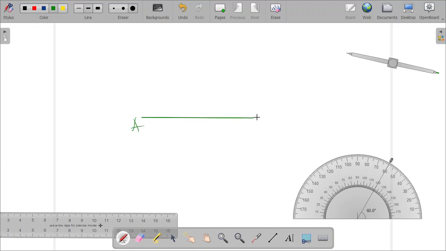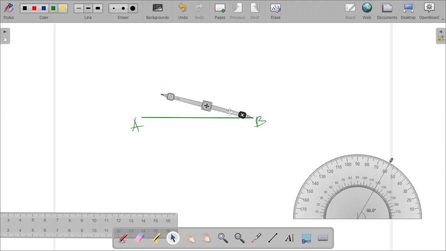Okay, that's line AB. Now the next thing I'm going to do is to use my compass. So you have to place your compass point. The compass point is the sharp point, okay? So place the compass point on either point A or B. Now let's use point B. So I place my compass point on point B like so.